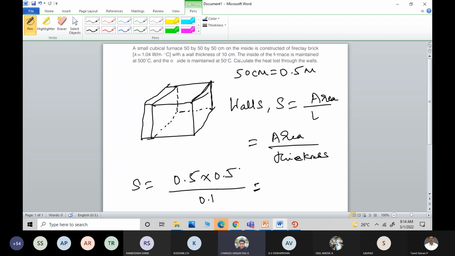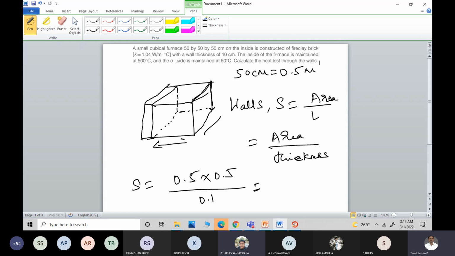Sir, one doubt. If the furnace height and breadth is 50 centimeters and thickness is 10 centimeters, shouldn't it be 70 centimeters, like the length and breadth of the wall? See, listen, of it one is side, 50 by 50.